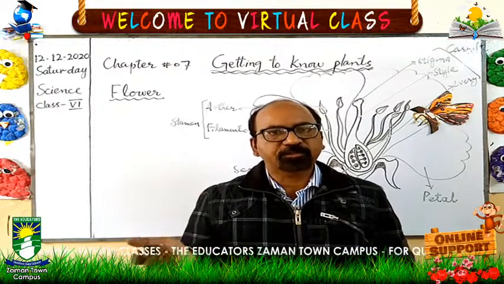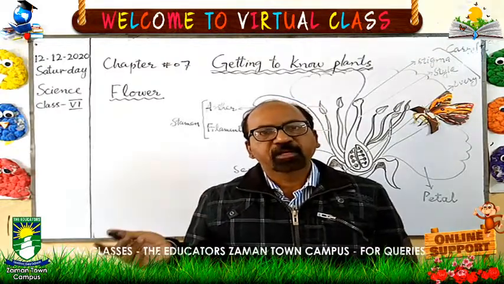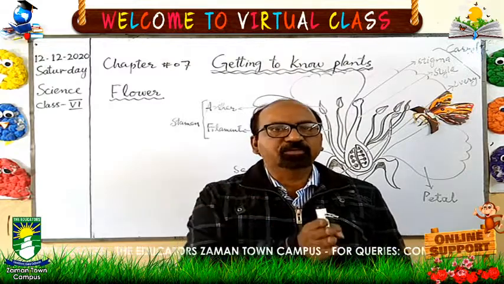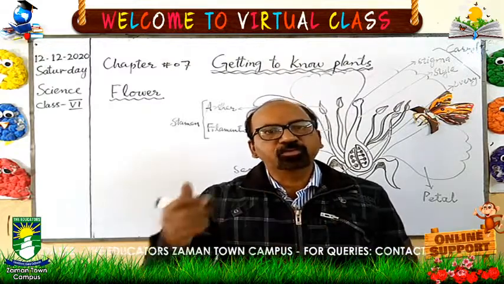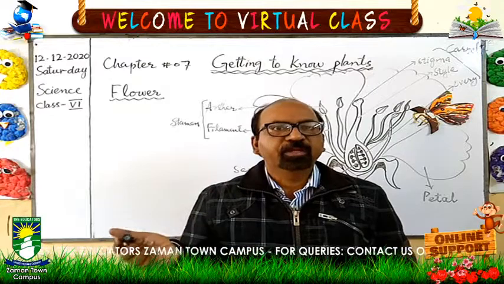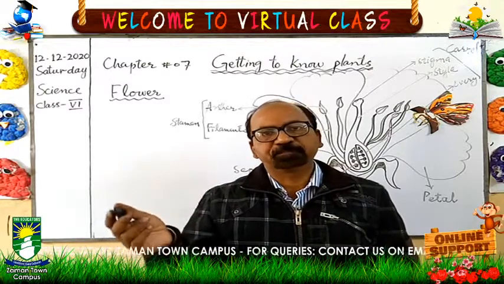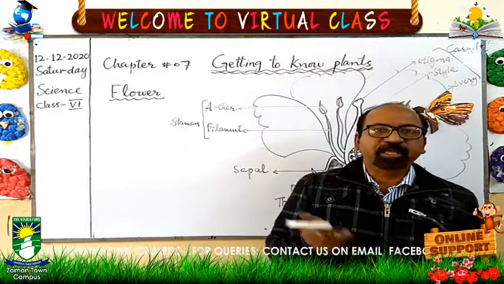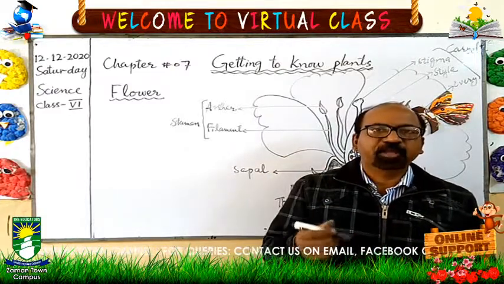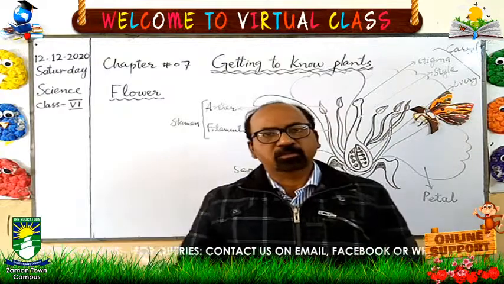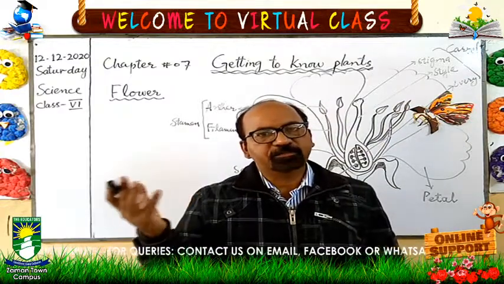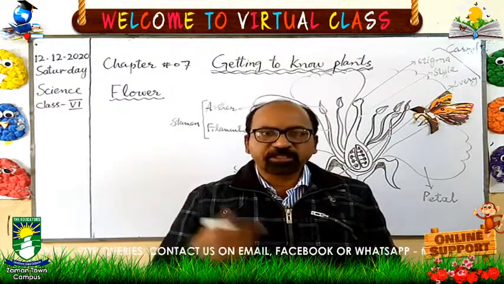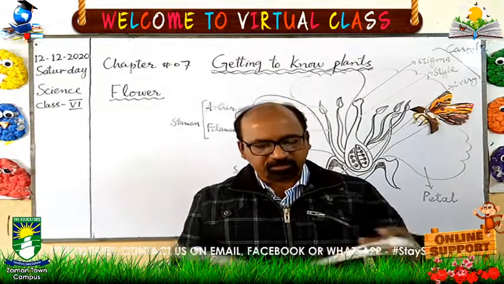The importance of the flower is that they reproduce and produce new plants. Due to the presence of flowers, seeds are produced, and these seeds are grown in the soil and new plants arise from these seeds. So this is the main function of the flower.